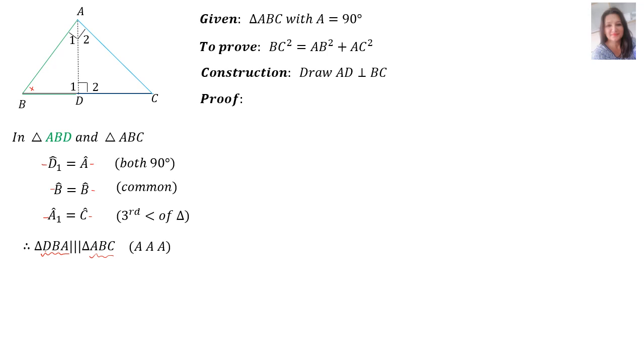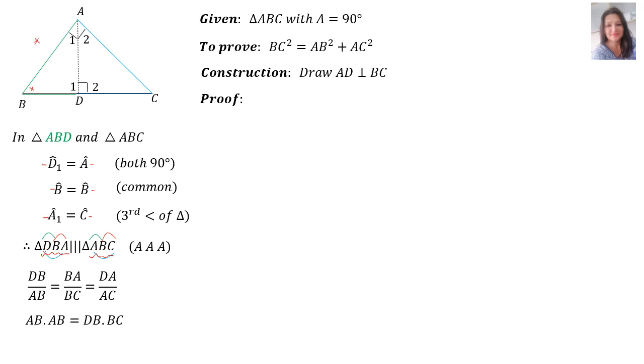Now because of the similarity, we can write down the ratios. DB over AB is equal to BA over BC is equal to DA over AC, and that's because the two triangles are similar. Then on the green triangle, we're looking for the side AB squared.